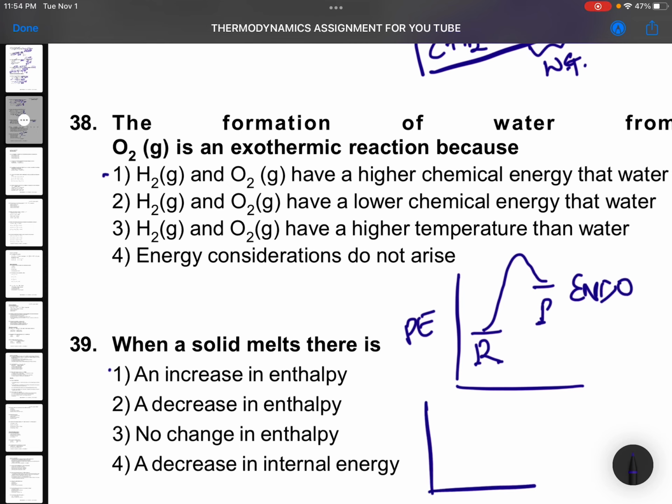If the graph is given like this, with reactants energy and products energy, taking potential energy, if the products energy is less, that is exothermic. Use the simple line. Here he is saying exothermic reaction, so reactants energy is more than products energy. H2 and O2 have a higher chemical energy than water.